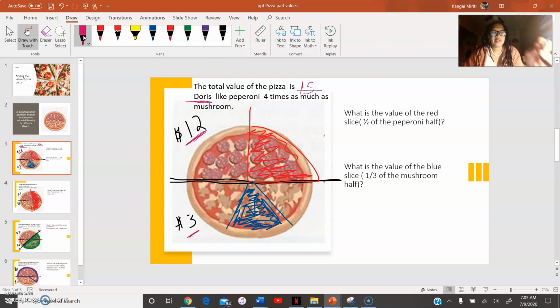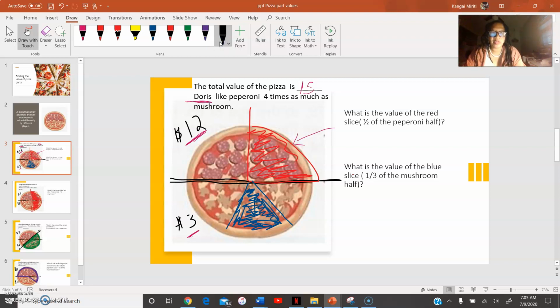But now, let's find the values of certain parts of this pizza. Take a look at this red half. This red is half of the pepperoni half. So how much does she value this pepperoni half? I bet you can figure this out without me telling you. Let's see if you got it.